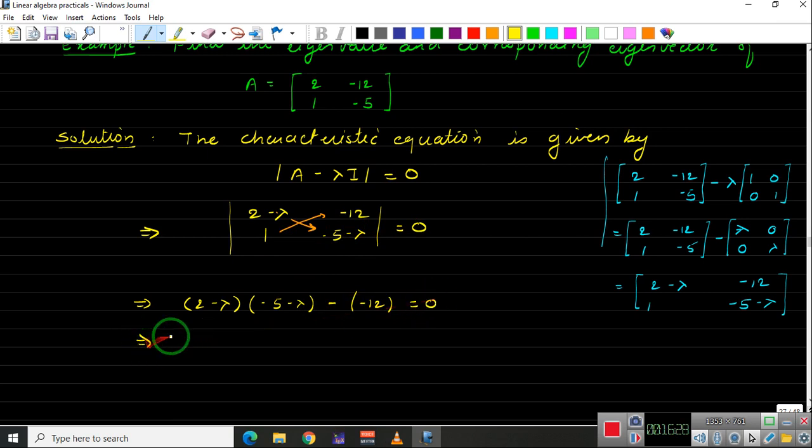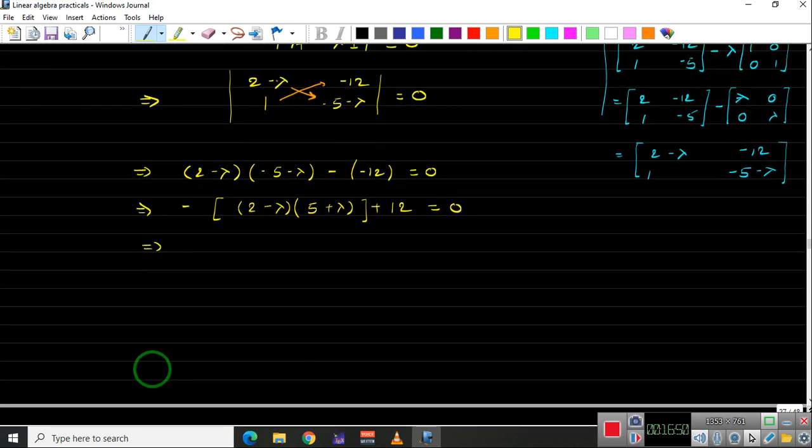So this will be equal to, I will take the minus sign outside from this bracket, 2 minus lambda into 5 plus lambda plus 12 equals 0. Let us open the bracket and get an equation in lambda.